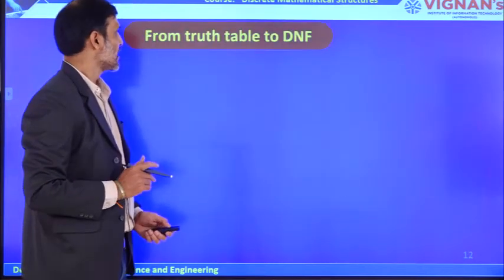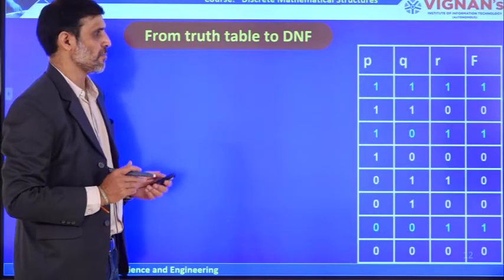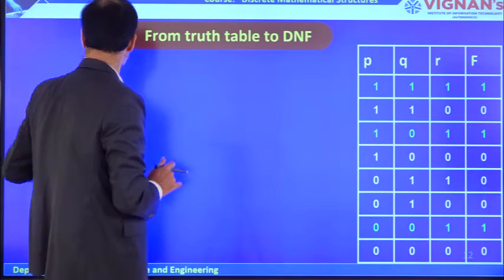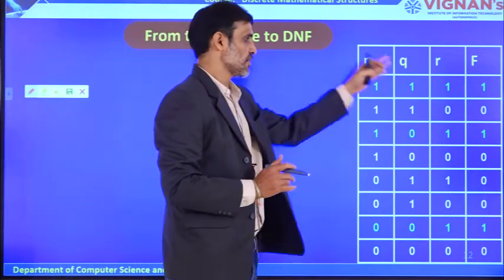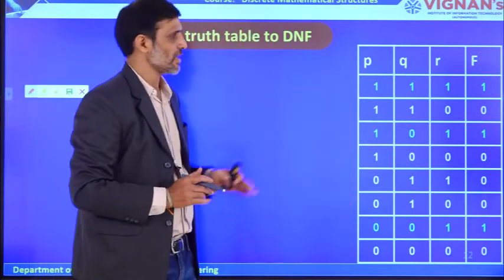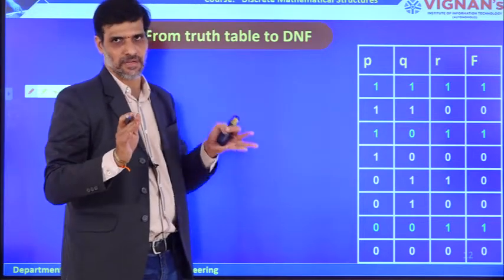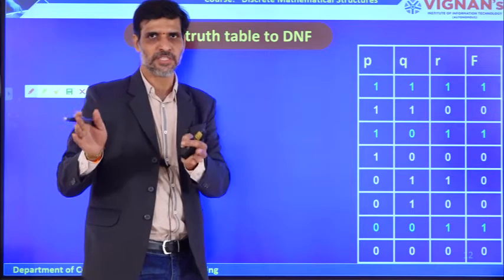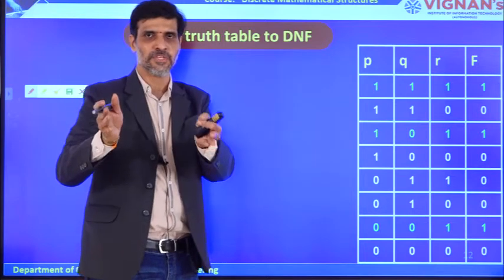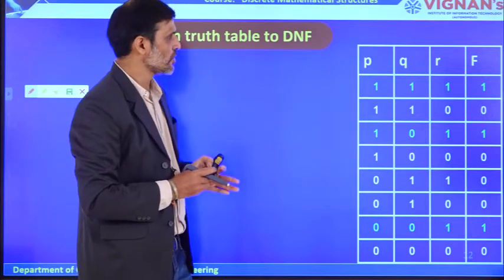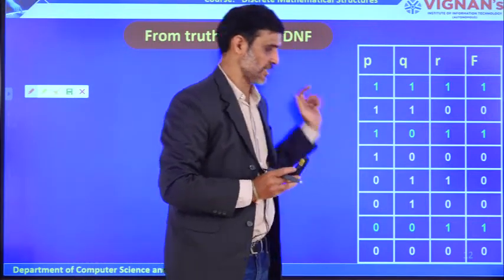Now, I have given one truth table. This is for some function. If you observe, this is a truth table which I have taken. F is some function. Let us leave aside the compound proposition. For some compound proposition or some formula, the truth table has been constructed like this.